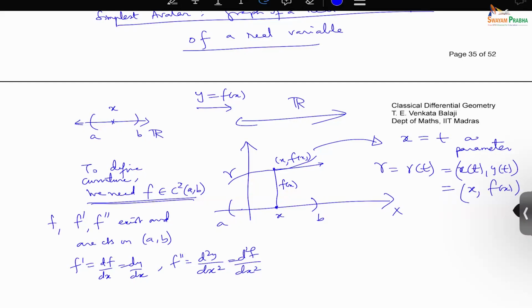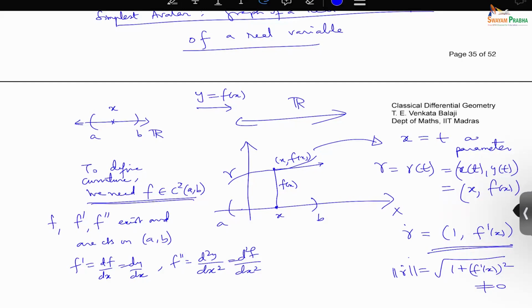You see that x itself is a parameter. Now what is gamma dot? Gamma dot will be d by dt, but t is x, so it's d by dx. So gamma dot is (1, f dash). Will this ever vanish? Never, because there is a 1 there. Therefore norm gamma dot will be the root of 1 plus f dash of x the whole squared. It's never 0, so the tangent vector never vanishes.